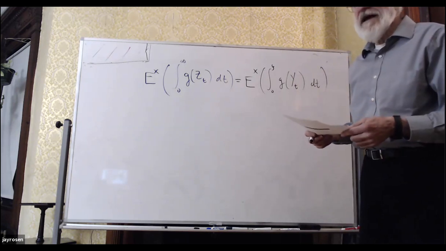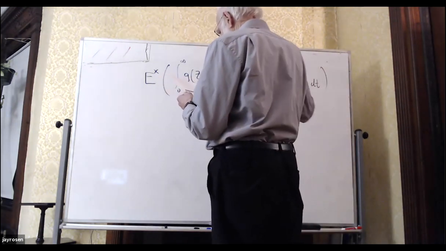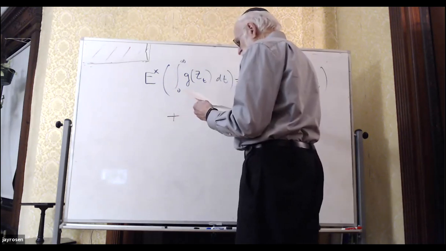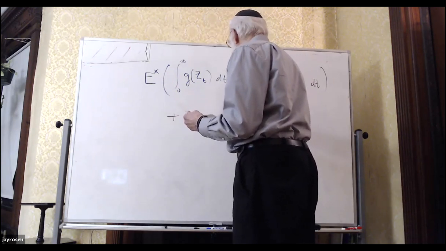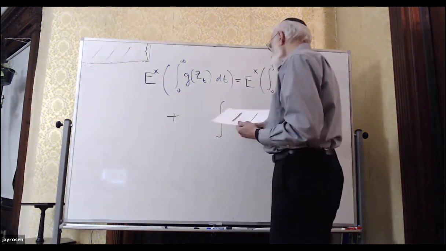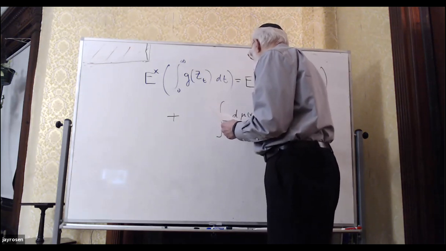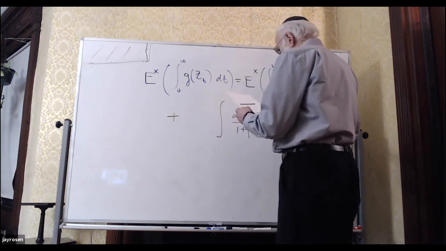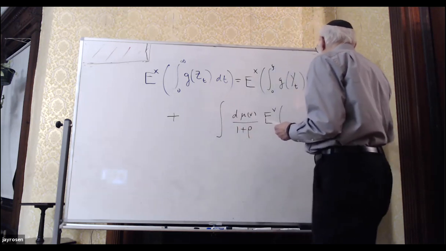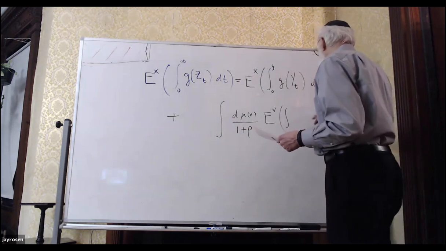And then the next step, it's reborn. So plus, the second step, it's reborn with initial measure mu over 1 plus rho. Once again, we let it run according to Y up till its death time. This would be step 2.